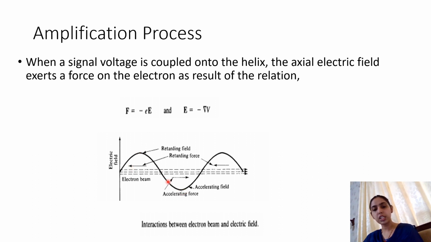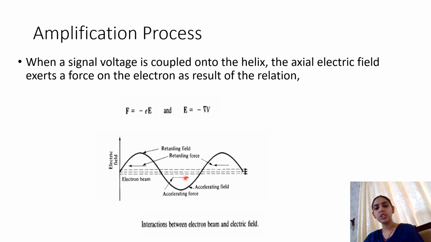So this half is indicated to be the retarding field and a retarding force is acting on the electron as such. And during this half cycle the signal is going from, say, negative to positive, so it is an accelerating field and the force which the electron experiences here is an accelerating force as represented by this particular arrow.